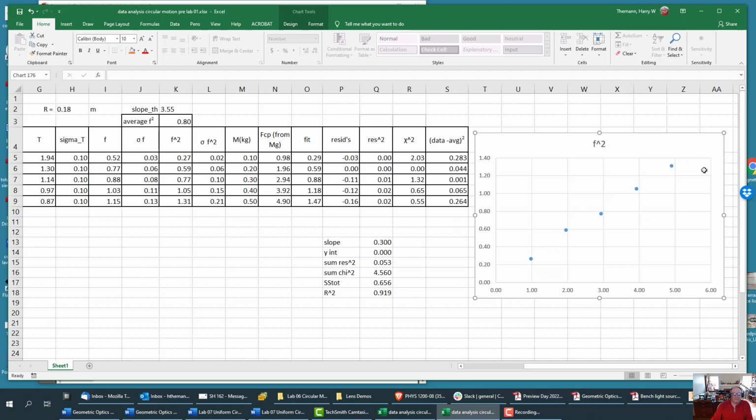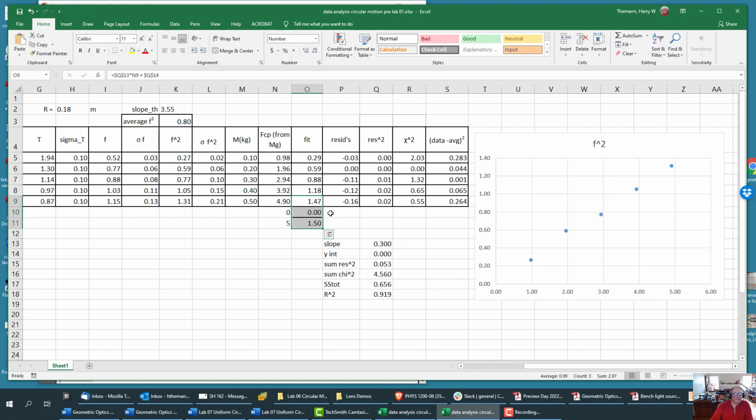We don't want it to just end at each endpoint there. So we want to make this 0. That one's easy. And so the maximum is 4.9, so we'll make this 5. That'll make a nice looking line. And we just have to extend that down.